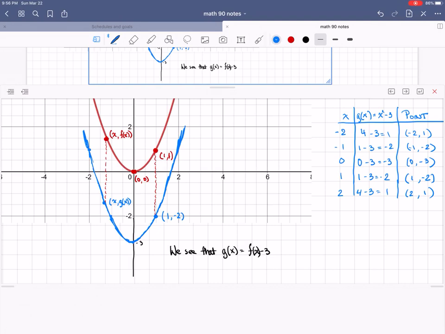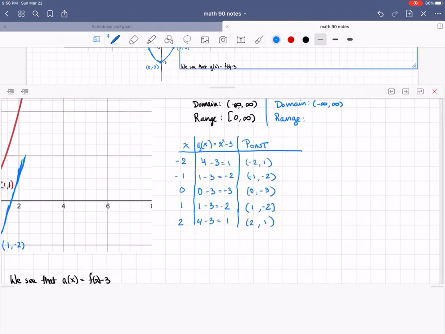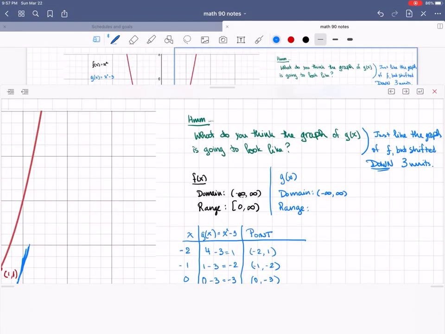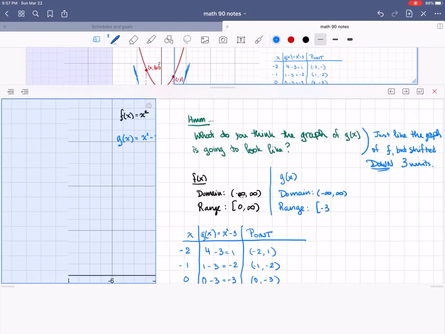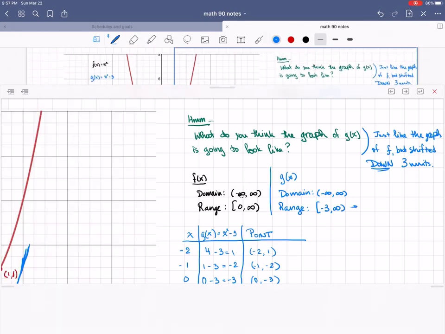Well, the vertex of the new function is down here. So what we're seeing is the lowest output that the blue graph ever shows us is -3. So notice that the range is now from -3 to infinity. So notice that it's shifted down 3 units.